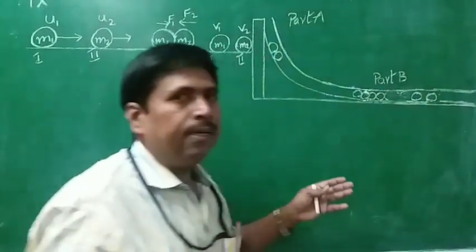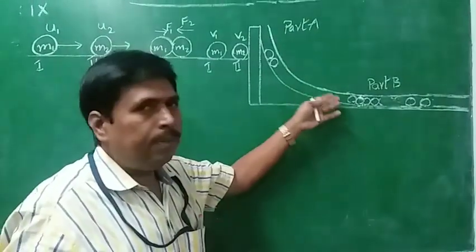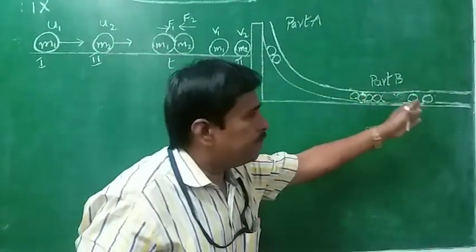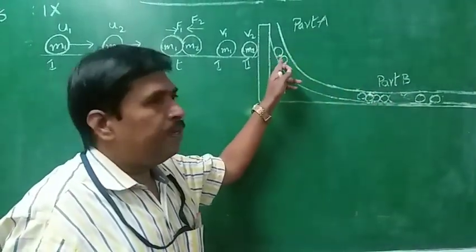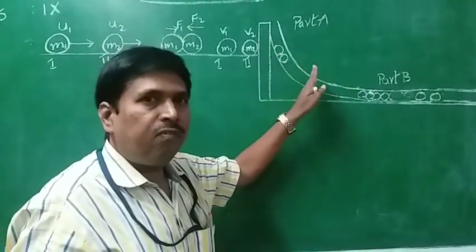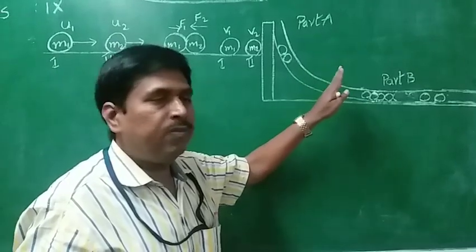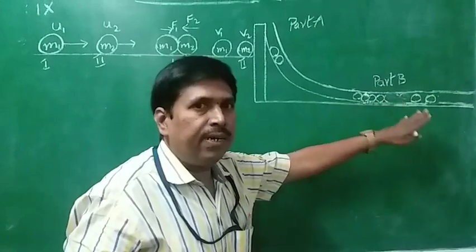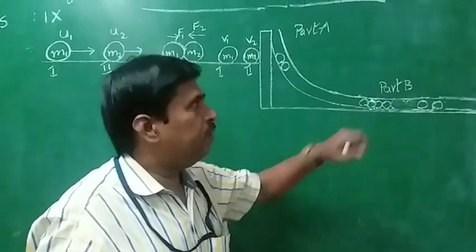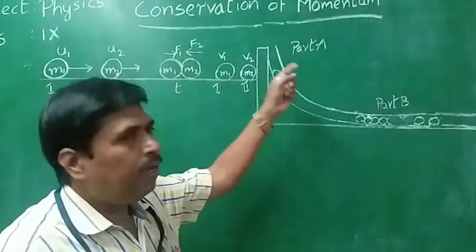The same thing continues whenever you take 3 marbles; at part B, 3 marbles will be displaced. From that you can understand that the momentum of the marbles before collision is equal to the total momentum of the marbles after collision. That is said to be the conservation of momentum.